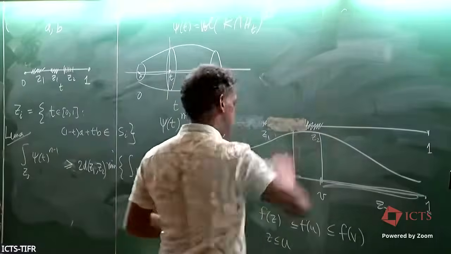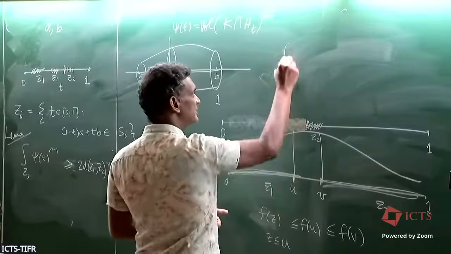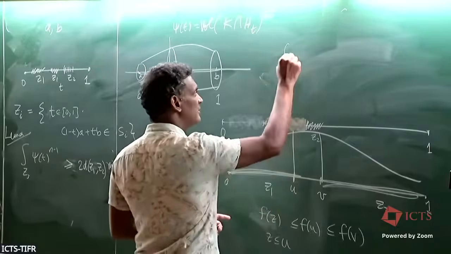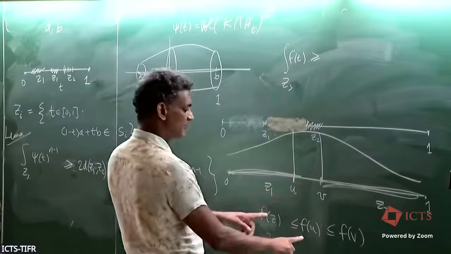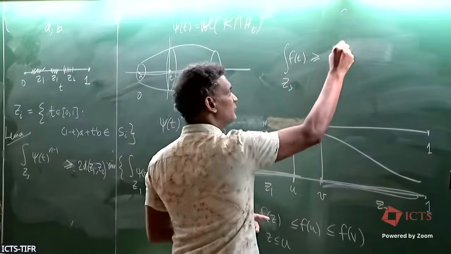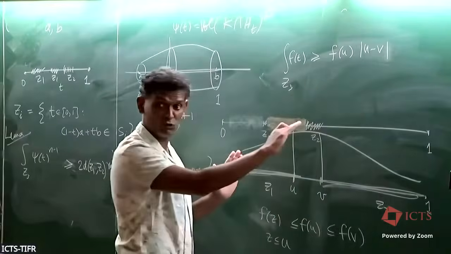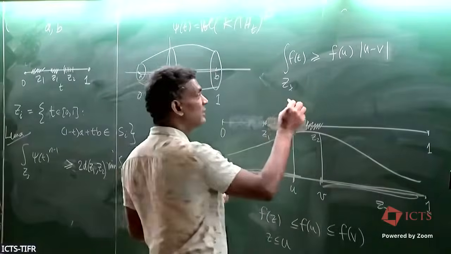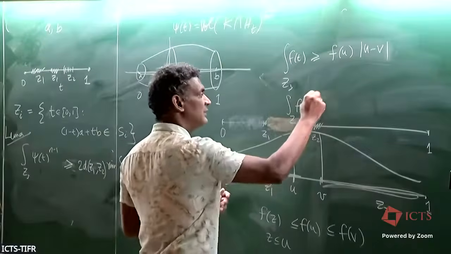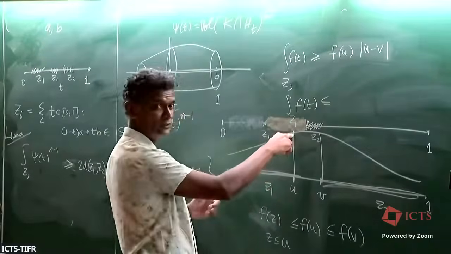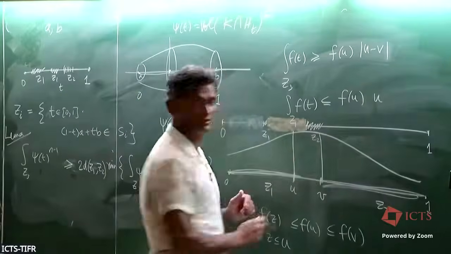We put simple linear bounds on the two intervals. The integral from u to v, which is the Z3 part, is at least the smaller value, f of u, times the distance between them. Linear lower bound. And meanwhile, the integral on Z1 of f of t is at most the highest value, f of u, times the width of the interval, which is at most 1.